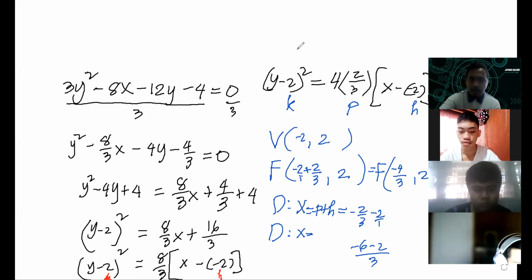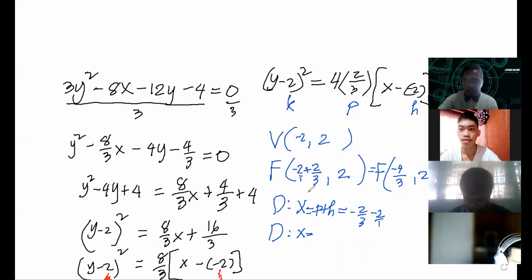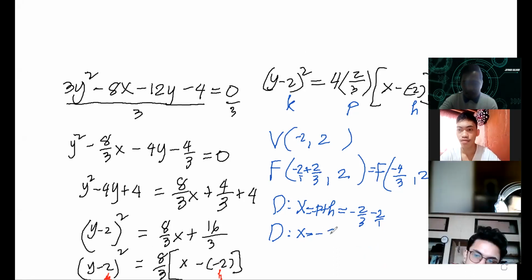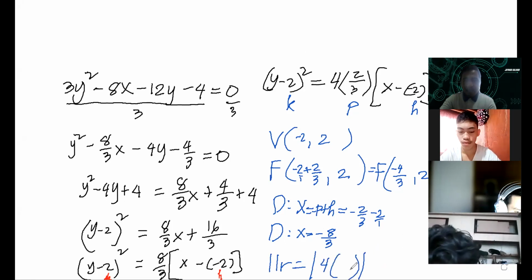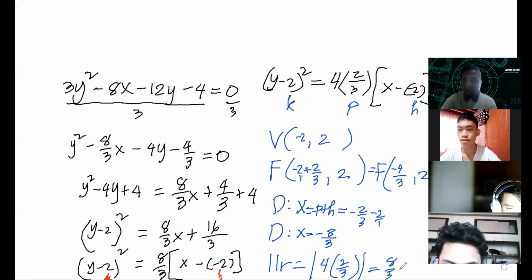Am I right, class? Yes, sir. It should be -8/3. And that is your directrix. How about your length of latus rectum? The length of your latus rectum should be 4p, absolute value. So it will be 8/3 units.